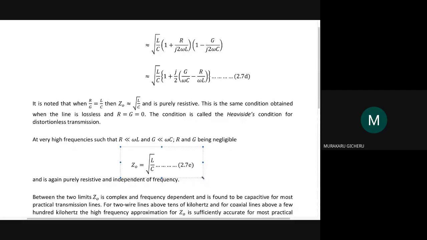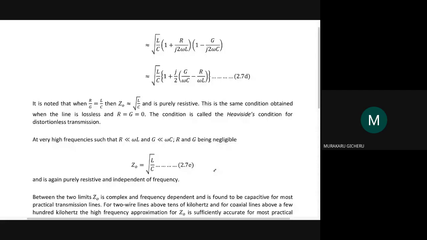It's just a matter of knowing which formula to apply in which situation. So for example, in this one, you'll use this. In another situation, you might have a very low frequency where you'll end up using Z naught equal to the root of R over G or something like that.